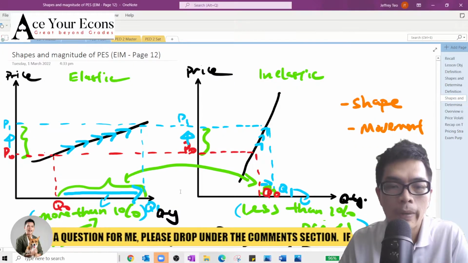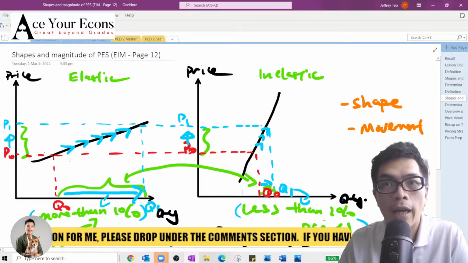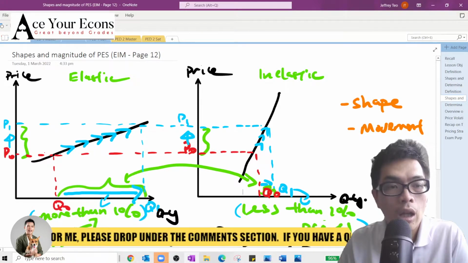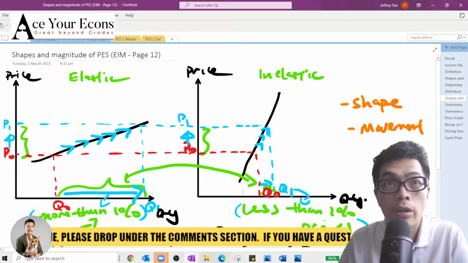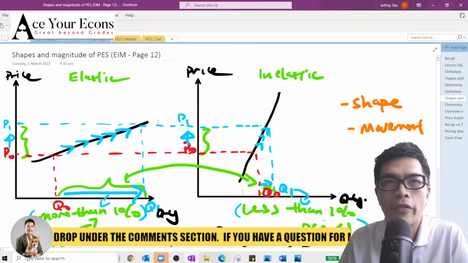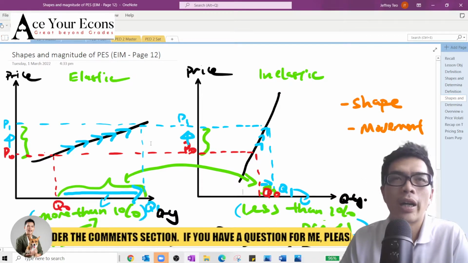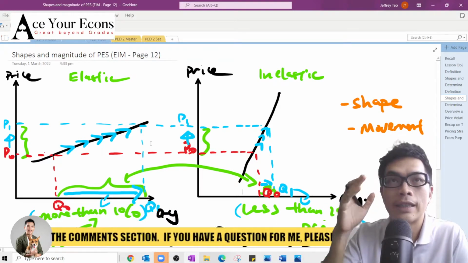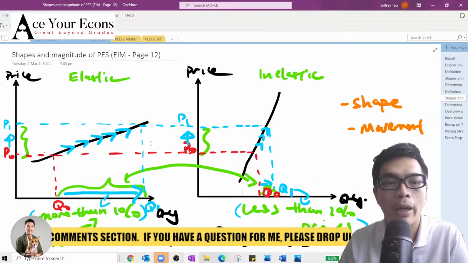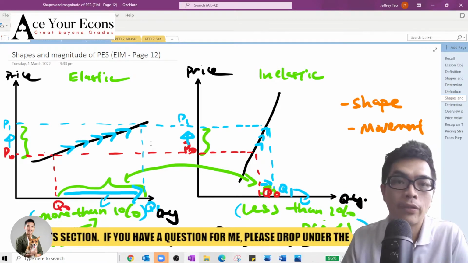If you look back at the diagram, it simply tells us that we can afford to keep a huge quantity of canned fish in the warehouse. Therefore, when there's an increase in price, producers can readily sell their canned fish in the open market. Quantity supplied is going to be more sensitive.